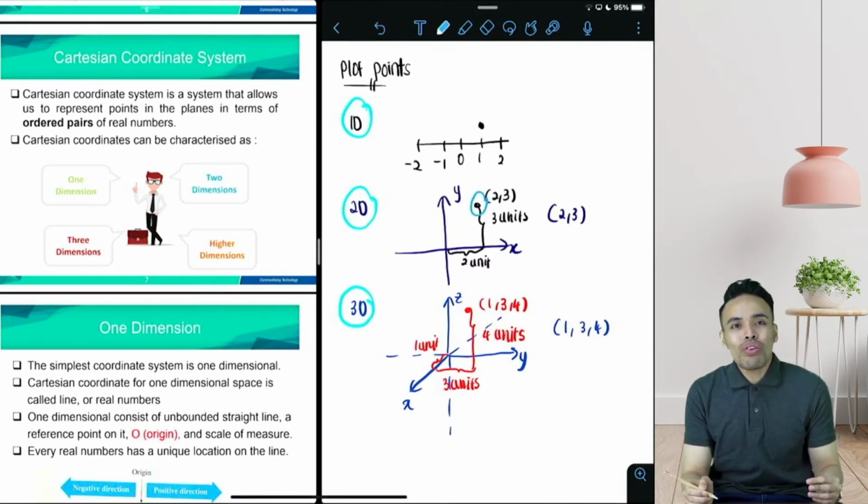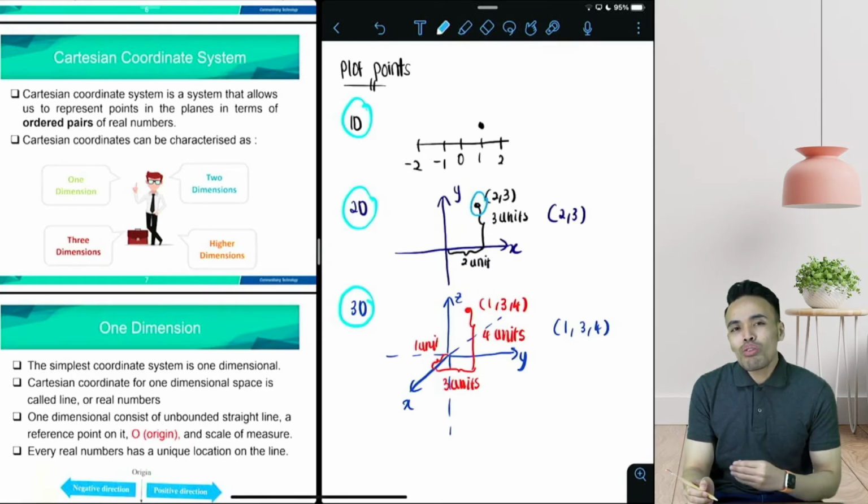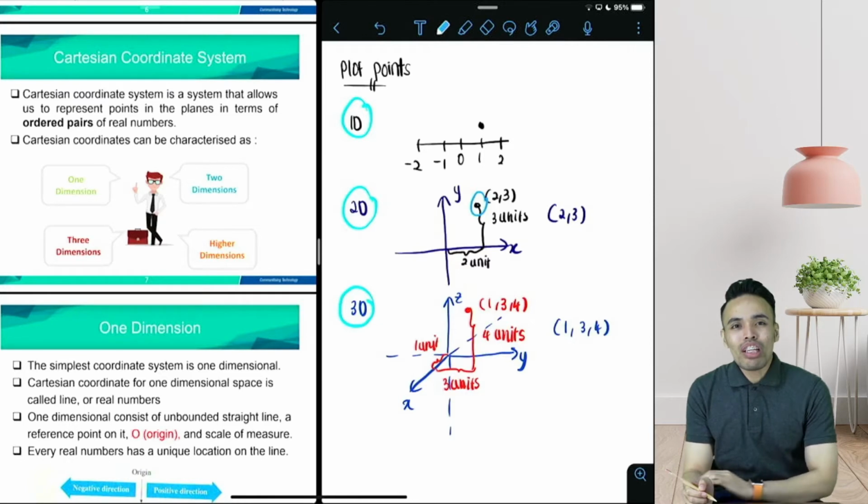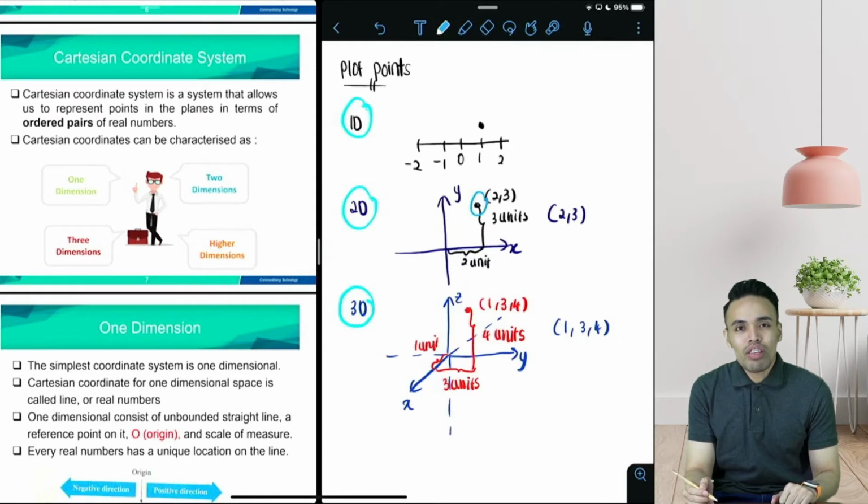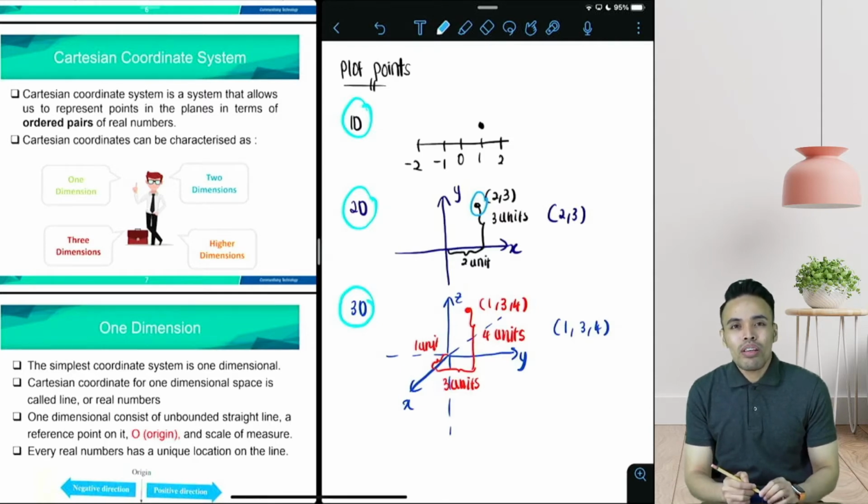point (2, 3). When you try to plot points in a three-dimensional coordinate system, you first have to sketch all the axes, such as the x-axis, y-axis, and z-axis. This is the standard representation of axes in a three-dimensional coordinate system. As you can see, the process remains the same.